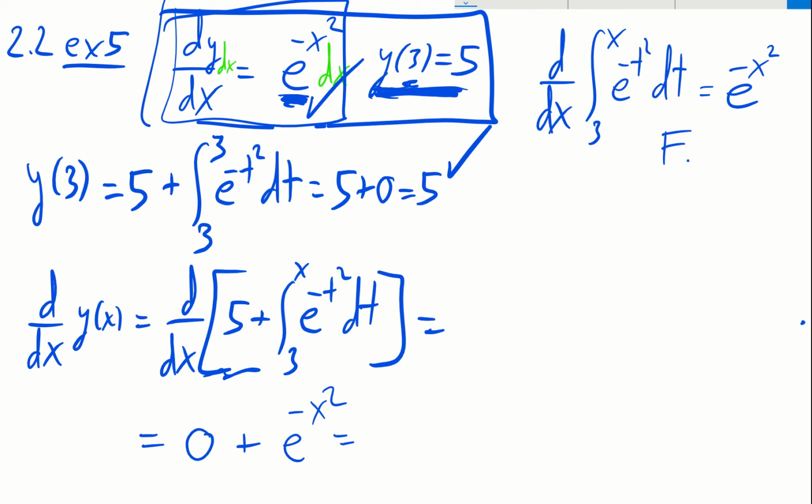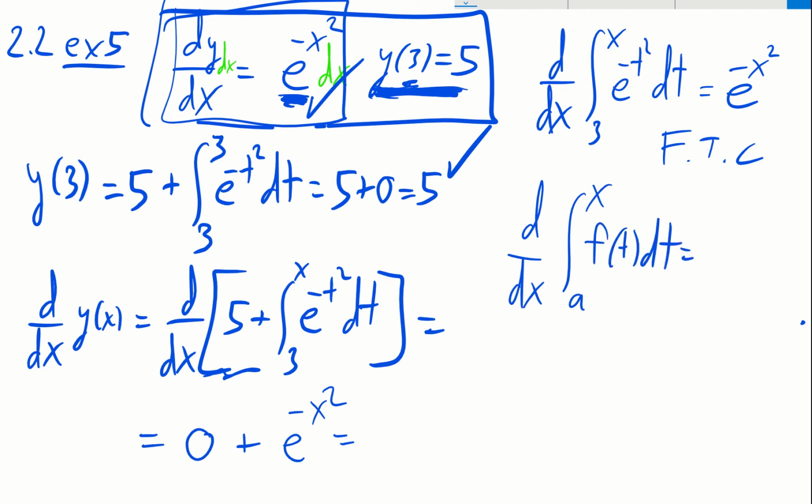And this is from the fundamental theorem of calculus, I believe part 2, which said the following. The derivative with respect to x of the integral from some numerical lower bound to x of f of t dt is simply that integrand evaluated at the x variable. So we just swap out the t for x, and we get exactly what we claimed.